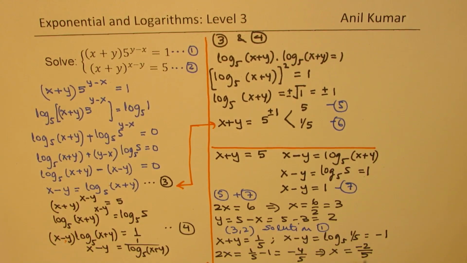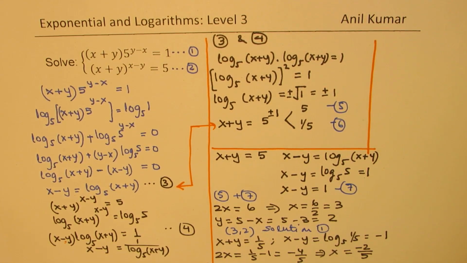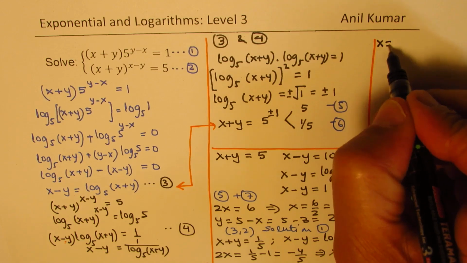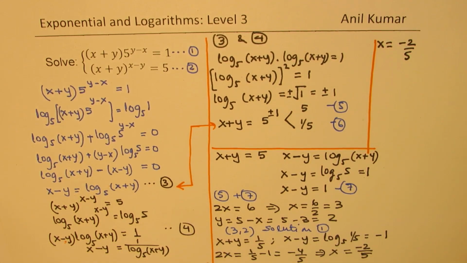And now you can find the value of y. So what we just calculated is x equals minus 2 over 5, and we are actually working on the second solution.